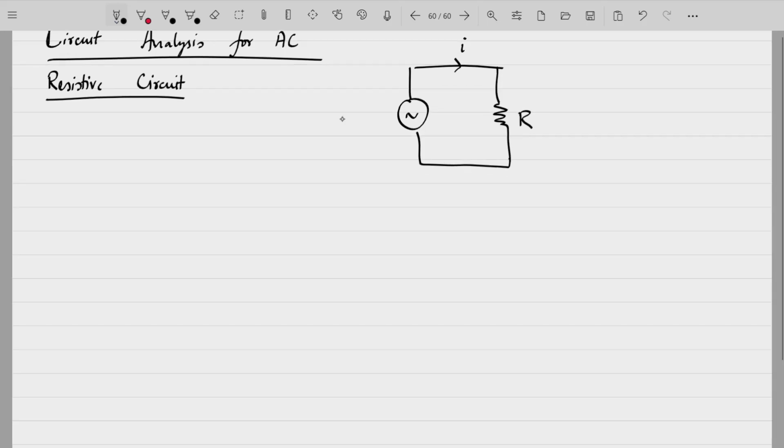When we show a voltage source in AC, the symbol is something like this. This means an AC voltage, and since it's a function of time now, both voltage as well as current will be a function of time.